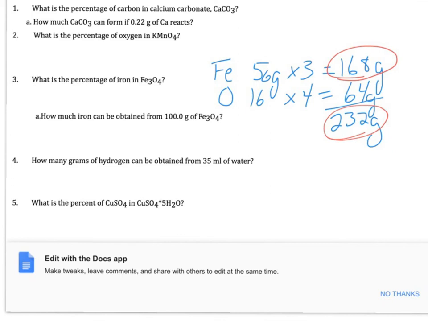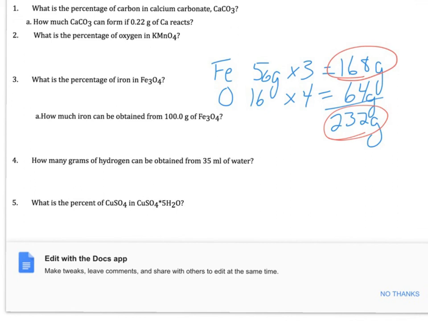So again, we can use these values that we have over here as ratios or conversion factors. I like to refer to them as conversion factors. And we can say if we start with 100 grams of Fe3O4, then for every 168 grams of iron, there are 232 grams of Fe3O4.